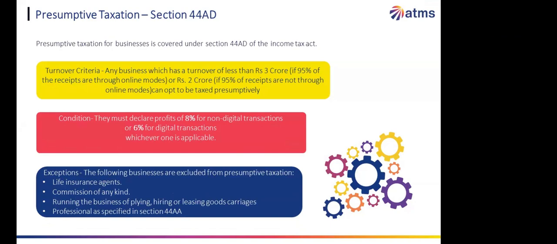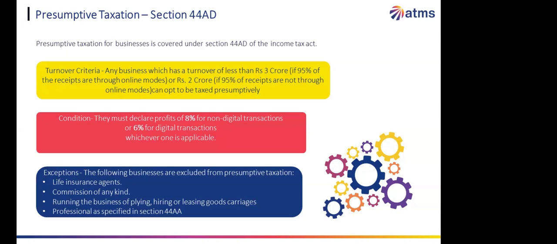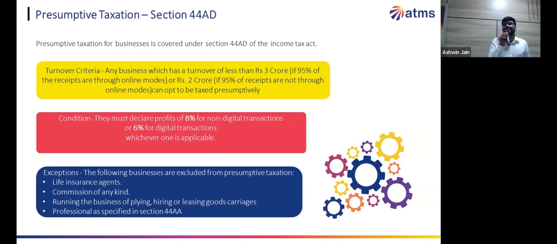Again, in 44AD there is a turnover criteria, a threshold criteria, and you have to declare a certain percentage as your income. Then only will the department give you the window to opt for 44AD. So let's see what the criteria are.